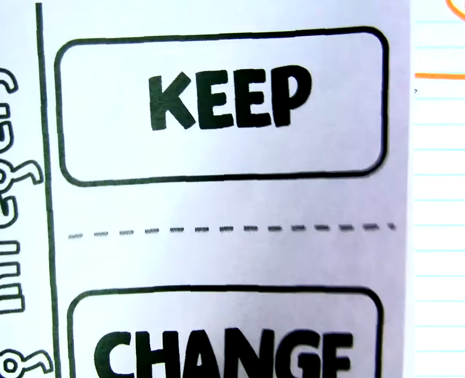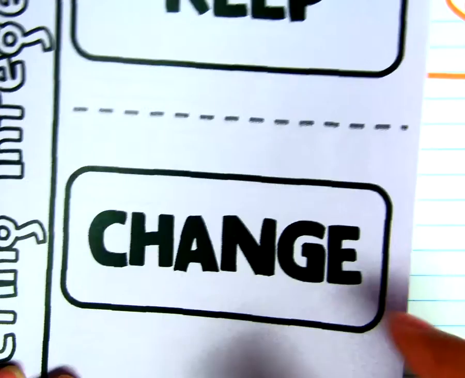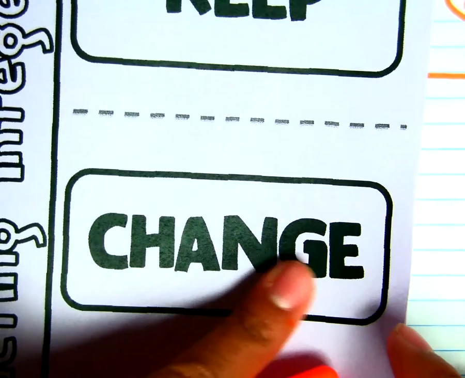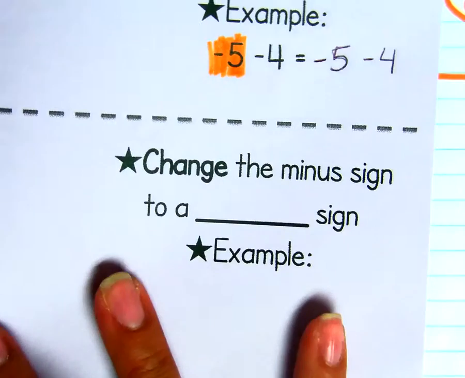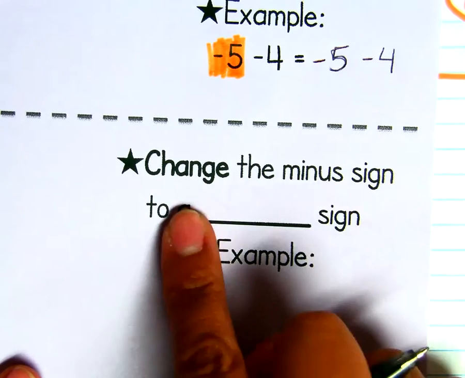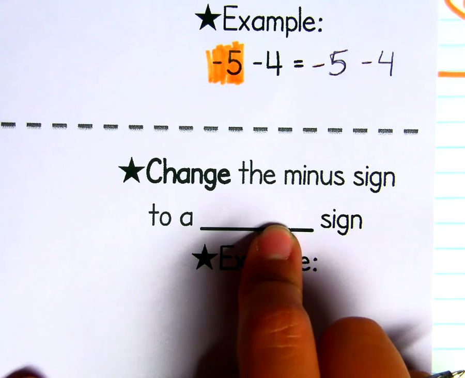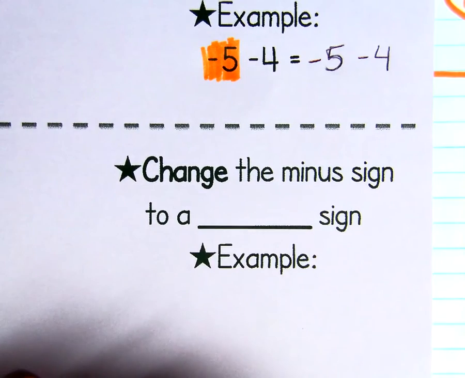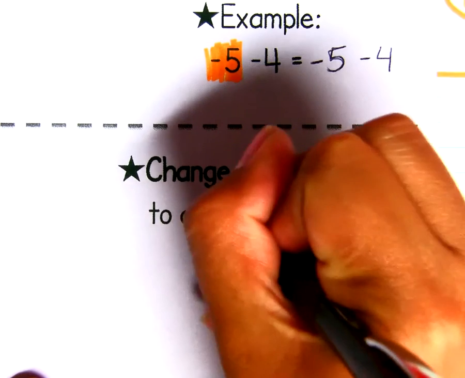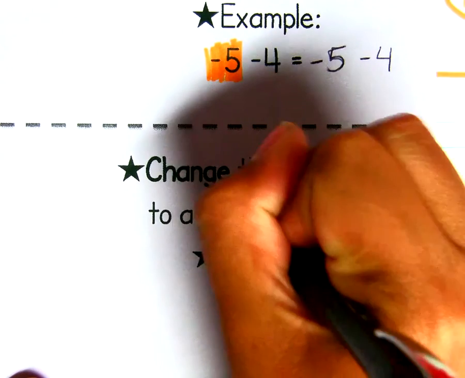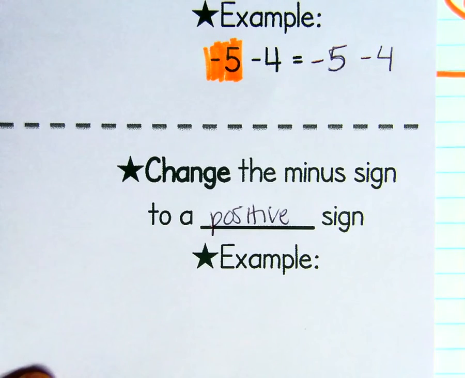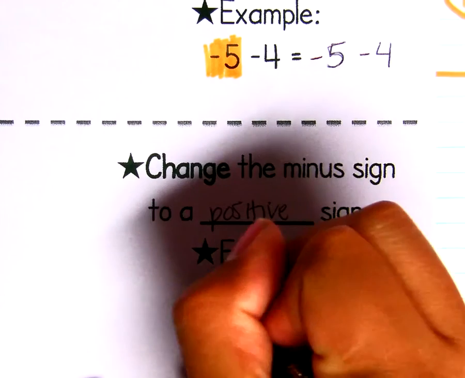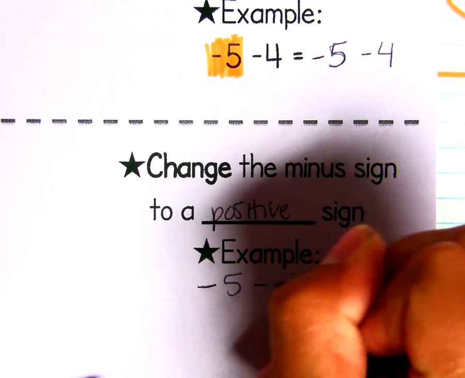Then if you close this, it says change for the next one. It says change the minus sign to a positive. So we had a negative 5 minus 4.